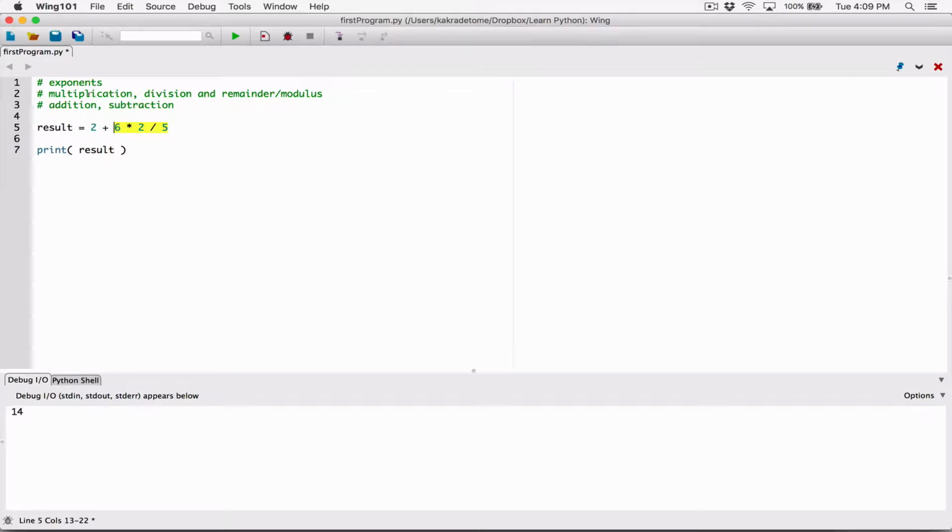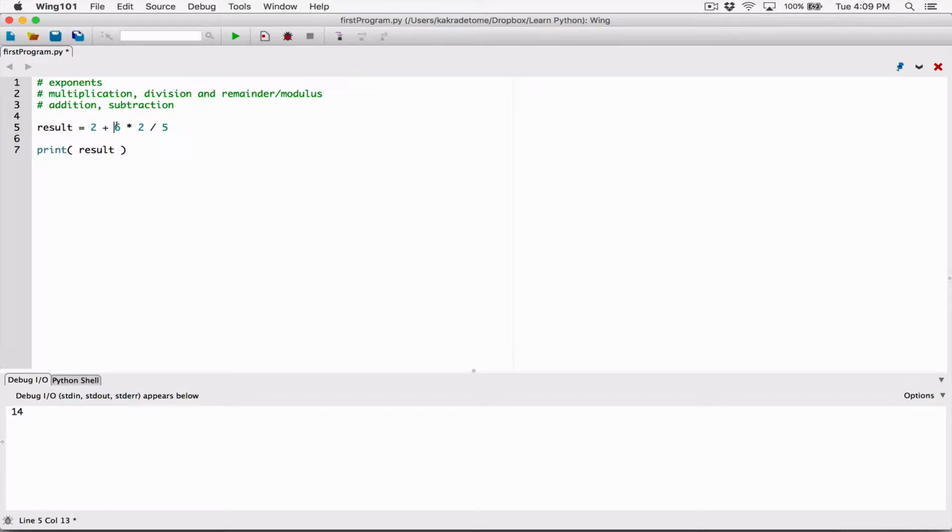If you have both multiplication and division in the same expression, the way it's going to be evaluated is from left to right. It's going to start from the first one on the left, which is multiplication, and then move on to division.